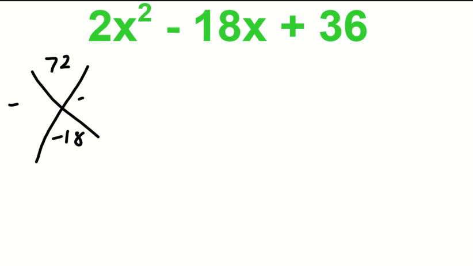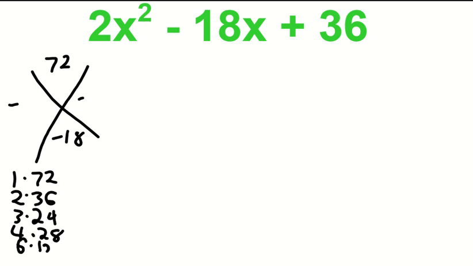So when we're looking at what multiplies to make 72, I got 1 and 72. I got 2 and 36. 3 and 24. 4 and 18. 6 and 12.